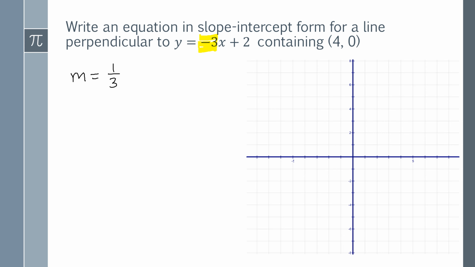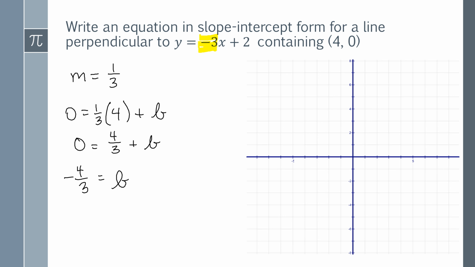So this goes through 4, 0. So 0 would equal 1/3 times 4 plus b. So 0 is equal to 4/3 plus b. So subtract 4/3 from each side, and I get negative 4/3 equals b.